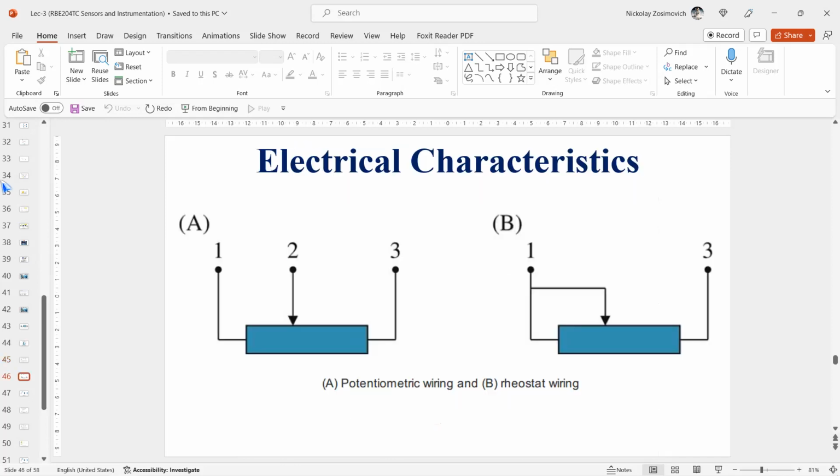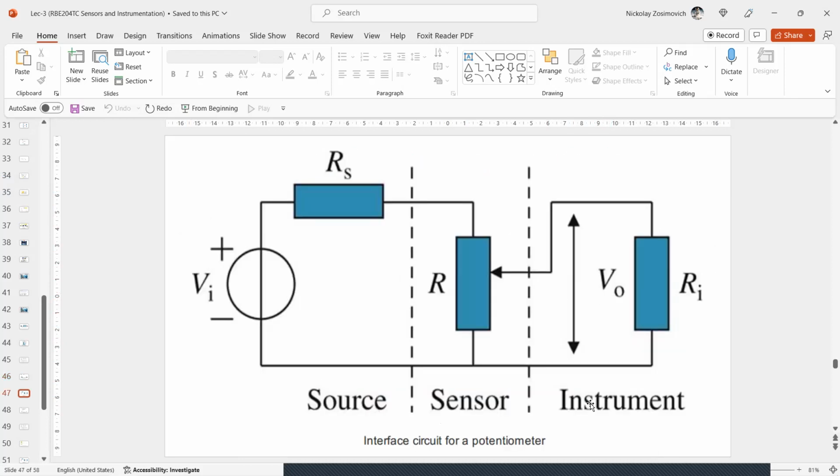A potentiometric displacement sensor can be electrically connected in two different ways: the potentiometric wiring and the rheostat wiring. In rheostat mode, the device acts just as a variable resistor, with two terminals. The potentiometer mode is suitable for voltage division, a two-port configuration.